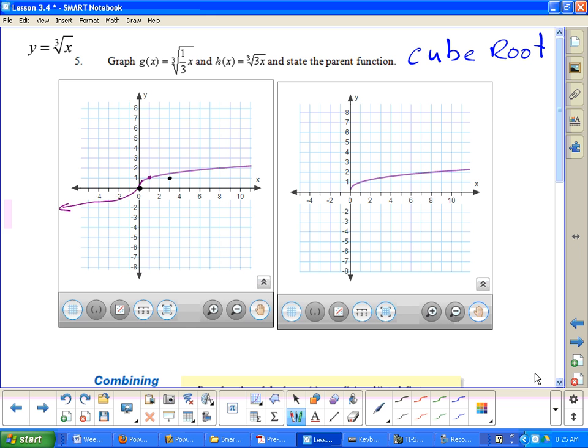The one that was here at 1, 1 is now over here at 3, 1. I've stretched it out 3 times. My next cube is 8, right? Cube root of 8 is 2. And so if I wanted the next point where 2 would be at, where would it be at for the y value of 2 then if the x value is 8?